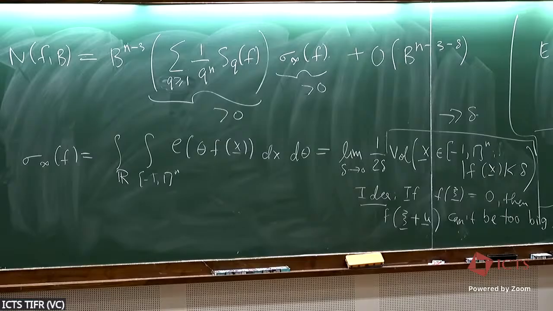Because not everything is 0, you can take maybe the first partial with respect to the first coordinate to be non-zero. And then you do a Taylor expansion, so that you end up getting that the bound around that point is going to be, the volume is going to be bigger than delta.